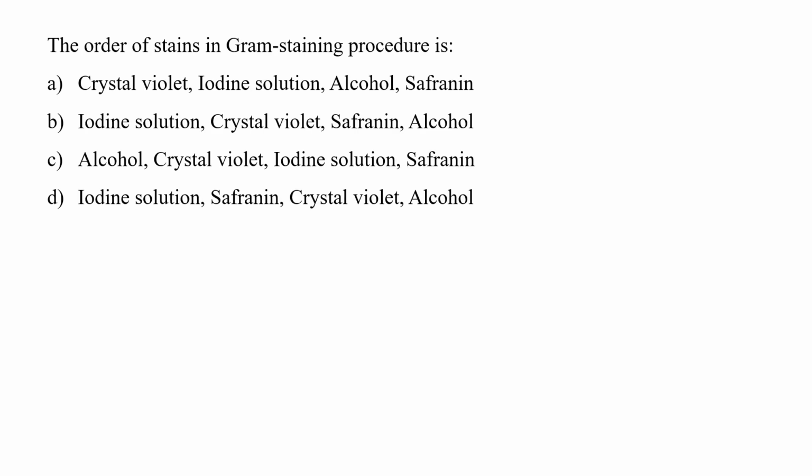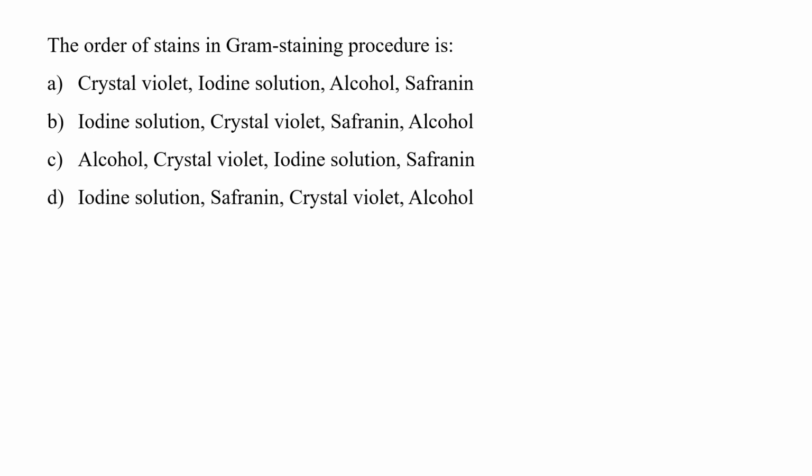The question is, the order of stains in Gram staining procedure is. Options are given as describing the orders. So first of all, we should know what is Gram staining and who developed this technique. So Gram staining is the procedure by which we distinguish between the Gram positive and Gram negative bacteria. This was developed by Hans Christian Gram in 1884.